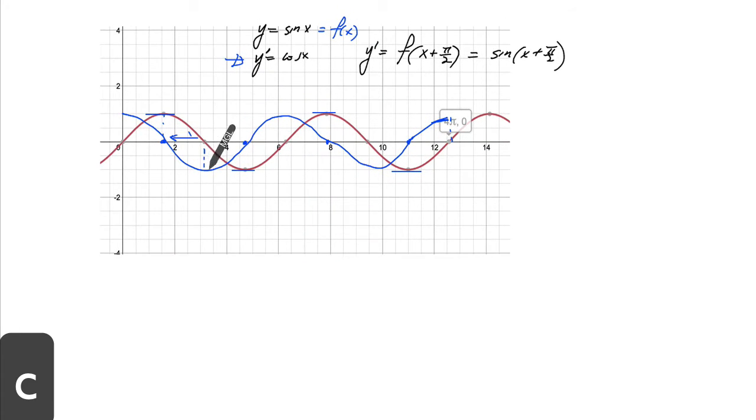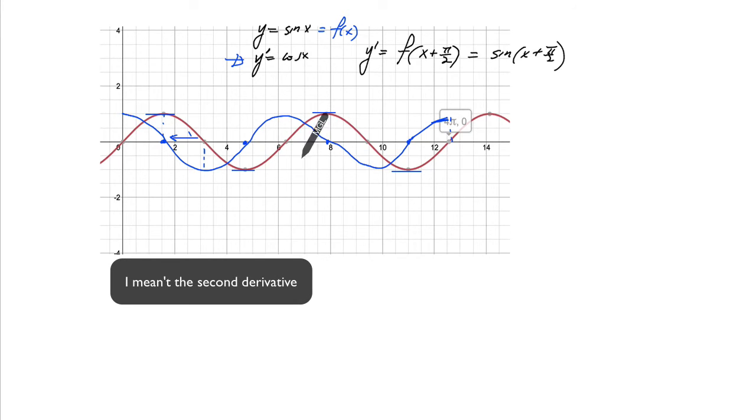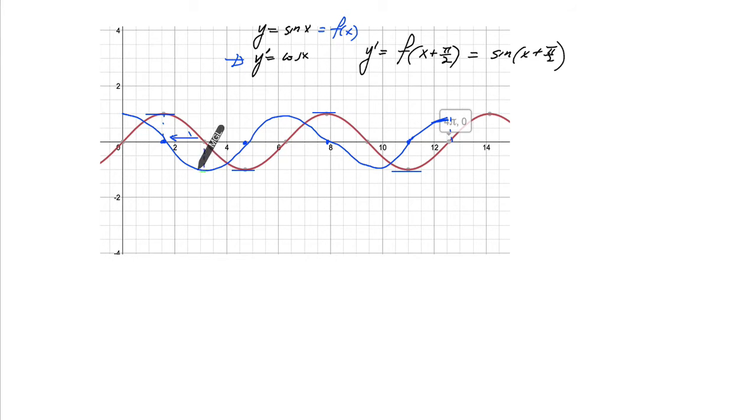Now the second derivative. Look at the blue graph, which is the first derivative graph. Wherever that has a horizontal tangent, the second derivative has a value of 0 there. So look, 0. Do you see that these all have a negative slope value? That's also 0.